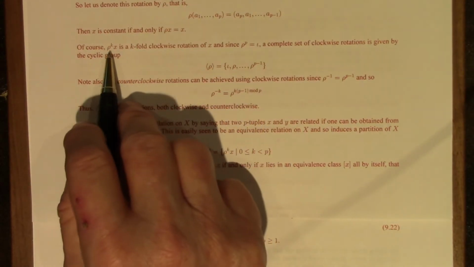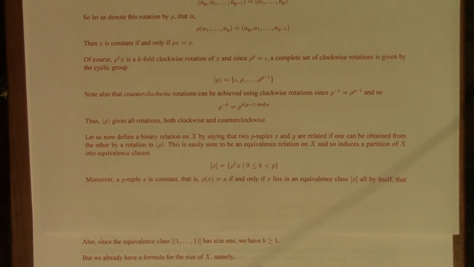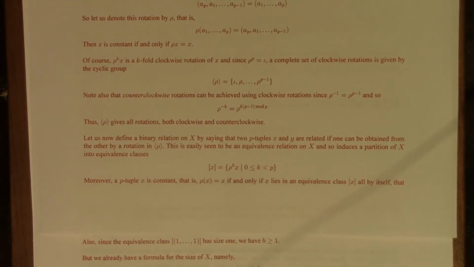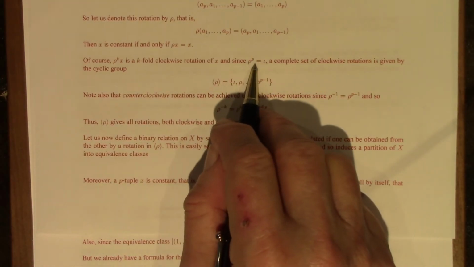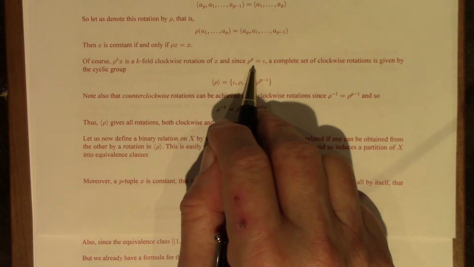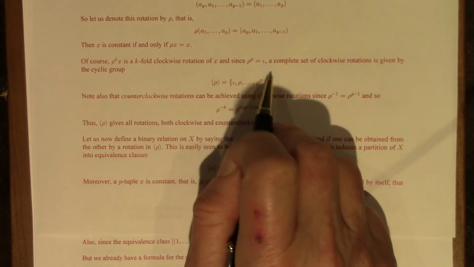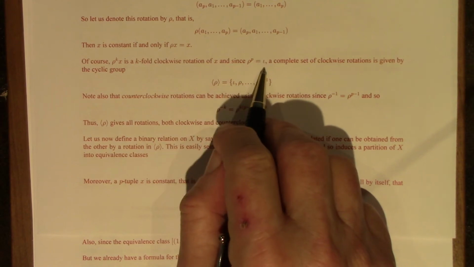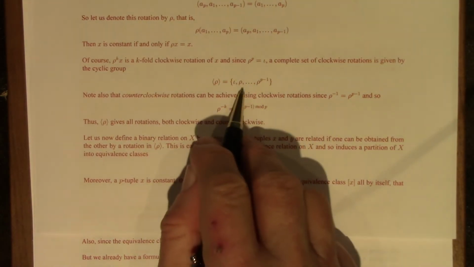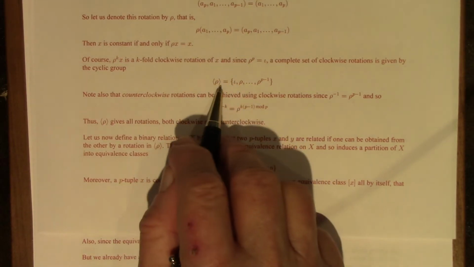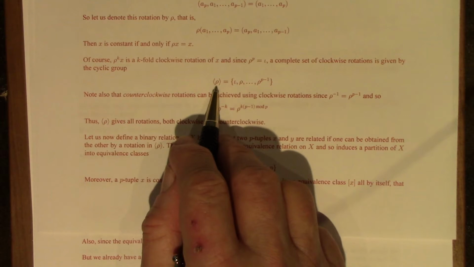Now rho to the k, x, is a k-fold clockwise rotation with wraparound. And since rho to the p brings us back to the original, we've rotated p times, that's the identity. So a complete set of clockwise rotations is given by the cyclic group generated by rho, which has order p.